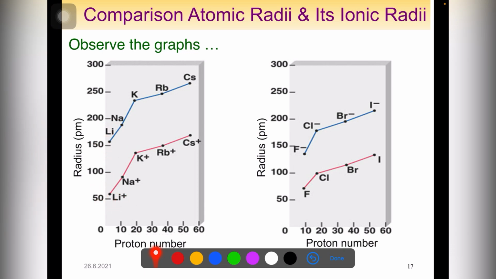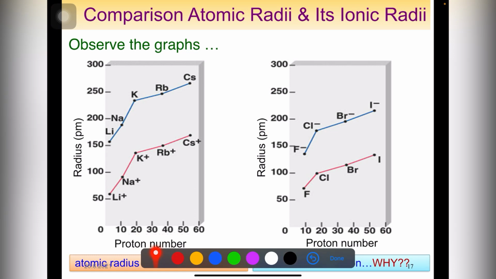And for group 17, the ion is larger compared to the neutral atom. For example here, you see that the iodide ion has a larger radius compared to the neutral iodine atom. So why does it happen?